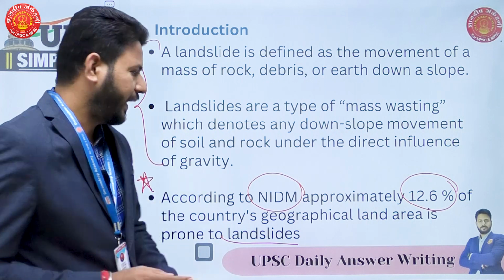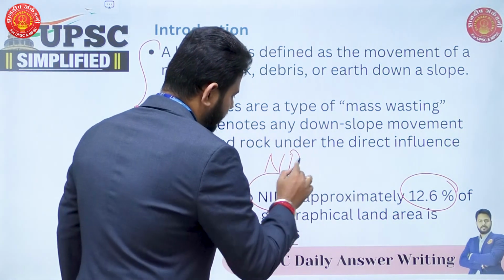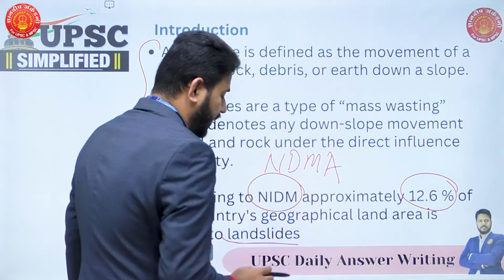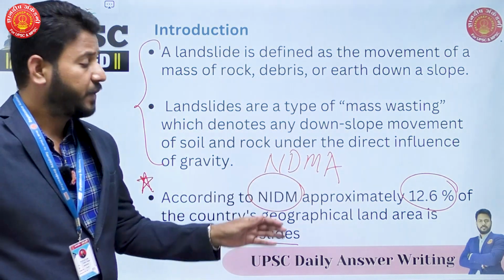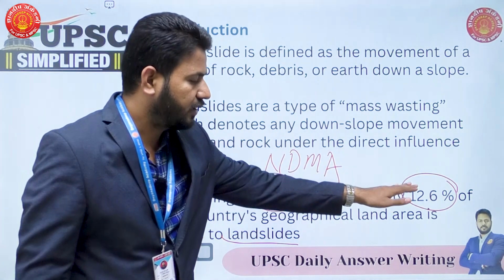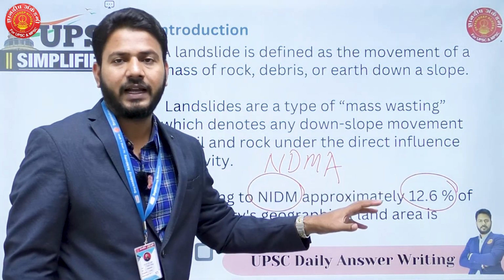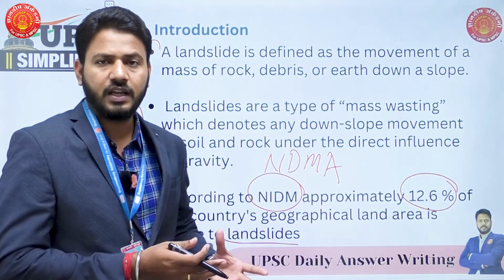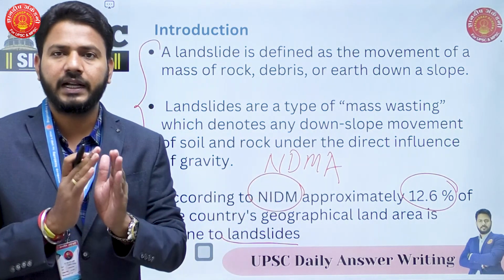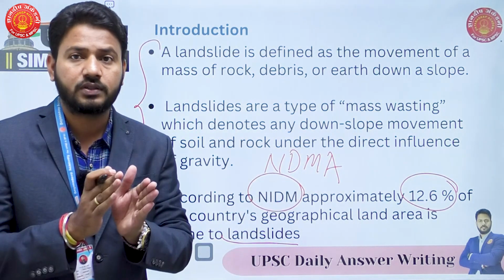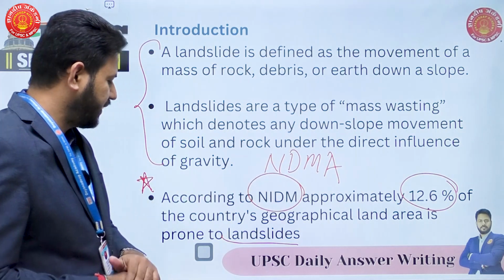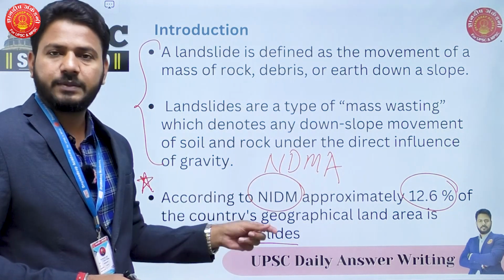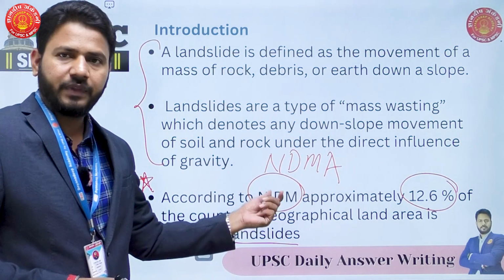Now, if you know NDMA, National Disaster Management Authority, this is the apex or nodal agency to deal with disasters in India. Now, this agency has given us the percentage of land in India that is prone to different disasters. So writing this gives an idea to the examiner that you're very focused and you know the disaster in and out. Okay, so 12.6% of India's land area is prone to landslides according to NIDM.